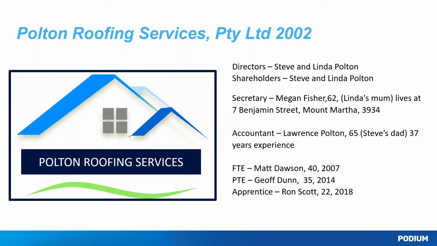And what else has changed? Oh, they've taken on their first apprentice, young Ron Scott, 2 years ago. I can see from that progression in employees and changes of direction that Steve is now looking for alternative business directions and opening his business to new opportunities. So that's great. With that information, I can see that the business is trading well.